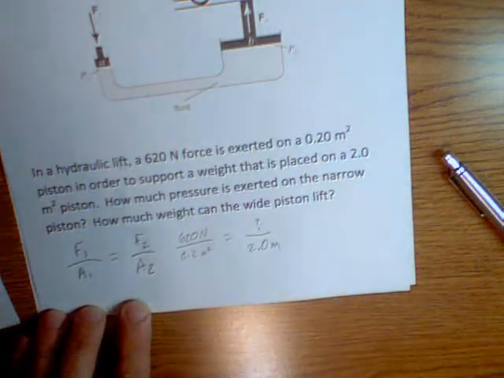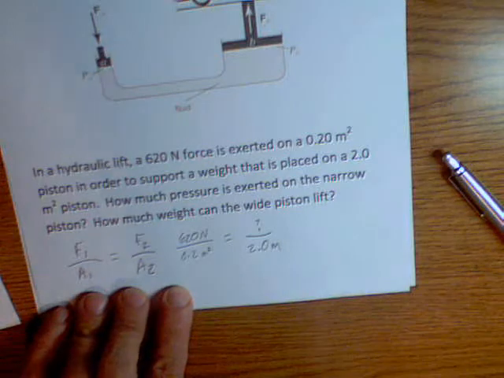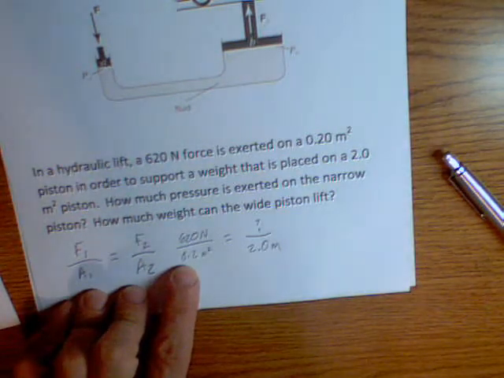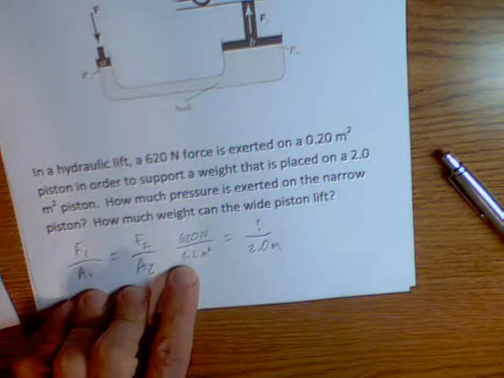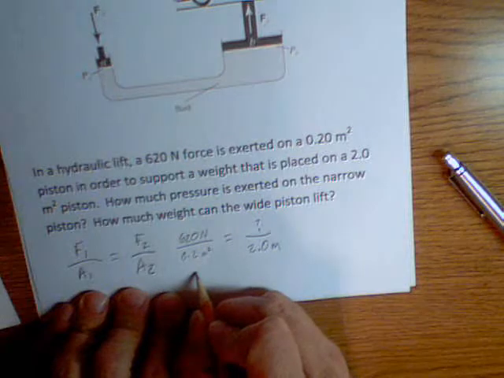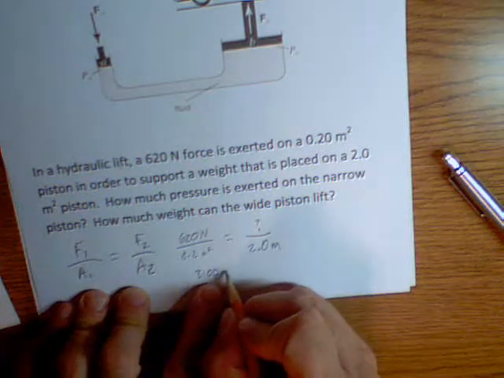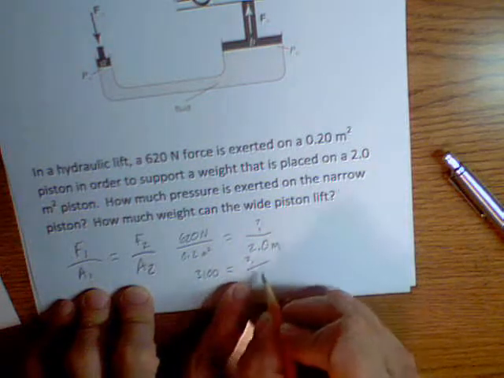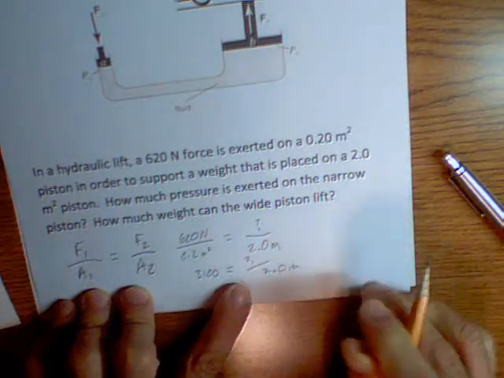All right. So if we take the 620 newtons and divide it by 0.2, we get 3100 equals question mark over 2.0 meters squared.